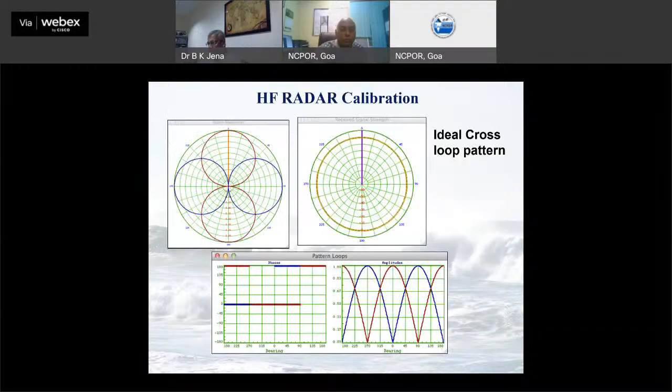Anything we do, calibration and validation are very, very important. But this HFDR CODAR system has a unique feature: you can get 85% good quality data using the ideal pattern itself, without calibration.